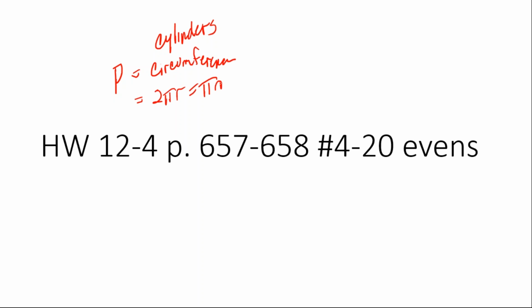Because this section, the difference is cylinders. Perimeter is the circumference. Remember I said that's the biggest difference, which is 2 pi r or pi d. Area of a circle, which is the base, is pi r squared.